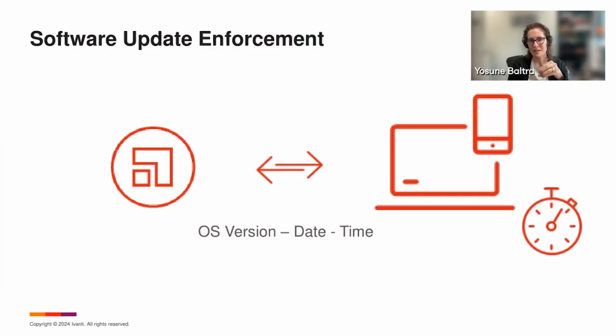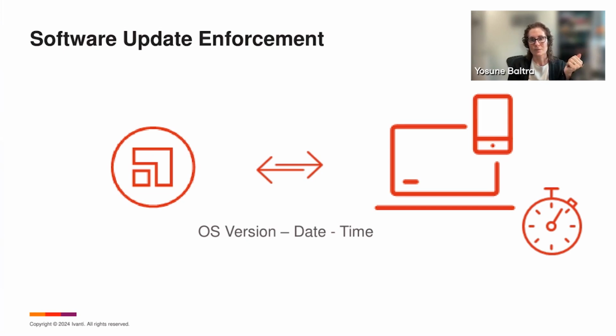The device itself will see when this date and time comes, and when the deadline comes, it will automatically reboot and apply the upgrade. You don't need your end users to do anything. It's automated and it's on the local time of the device, so you can set it after hours, at night, or whenever it works for your business case.